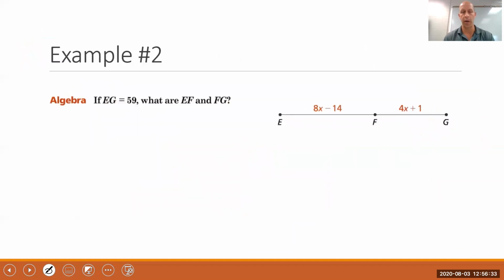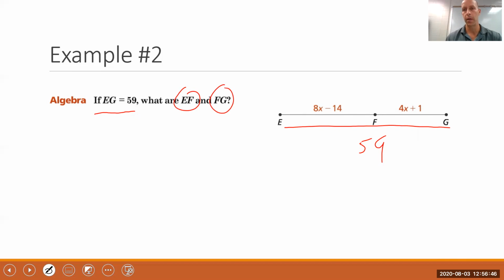Let's look at an example here. We're given that the length of segment EG, this length right here, is 59. We want to find EF and also the length of FG. Based on the segment addition postulate we just looked at, EF plus FG is equal to EG.